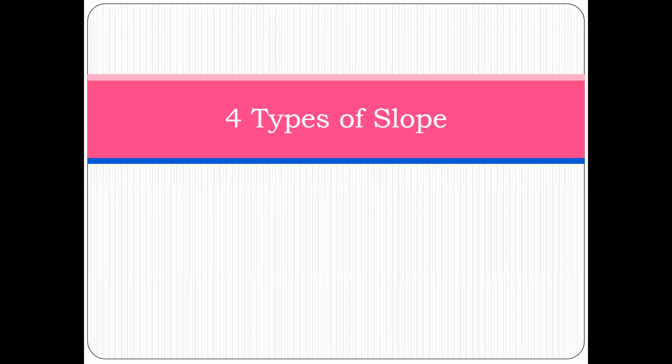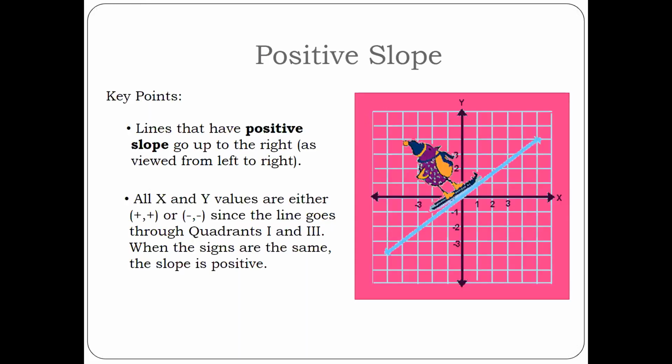Nothing new there, but now there's types of slope. And I didn't come up with these little skiing bird graphics, so don't blame me. I don't particularly like them either, but they are memorable. The good news is there's only 4 types of slope.